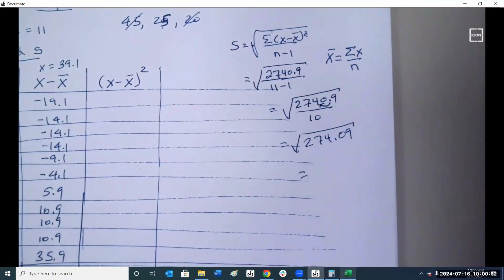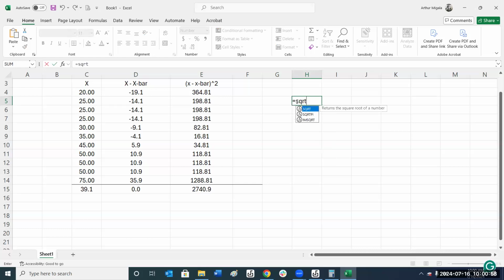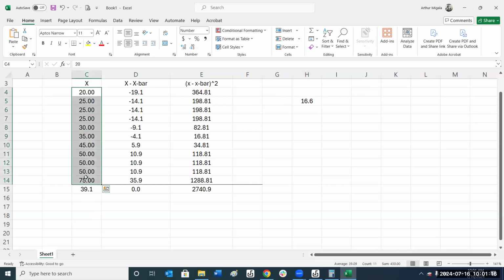And if we square root that one, what'd you get? 16.56, or actually it should be 16.6. Because remember, your final answer has to be one decimal away from those.